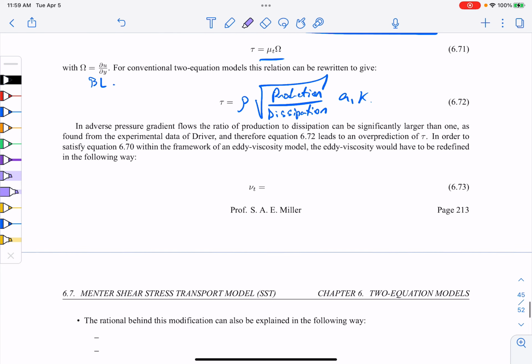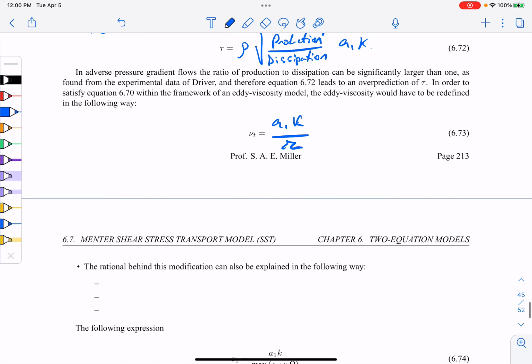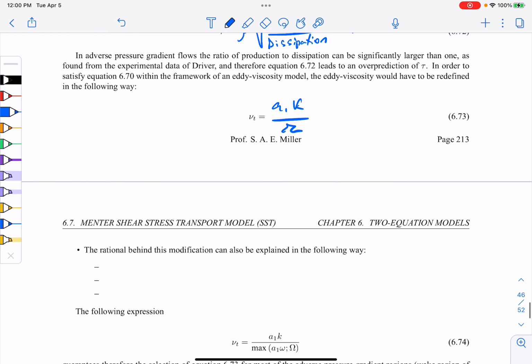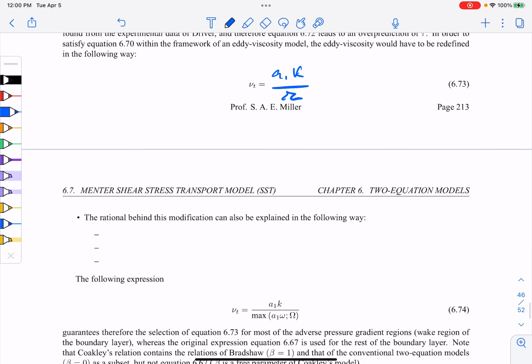I'm going to skip this equation for now. Well, actually, no, excuse me, I'm going to keep that in. Using this, we'll say A1K over omega. And there's basically a limiter because this eddy viscosity becomes way too large. And the model without it would lead to infinite eddy viscosities in calculations.